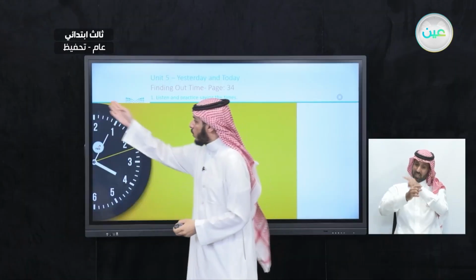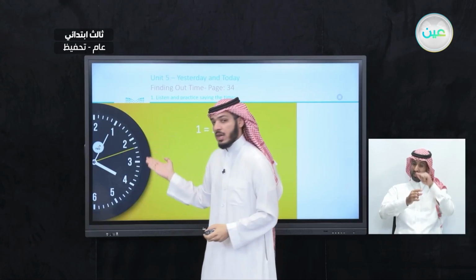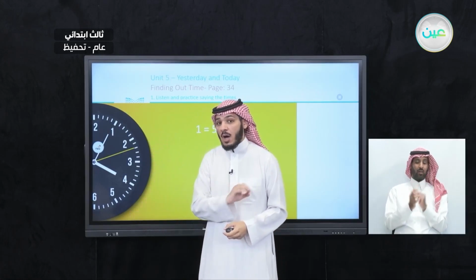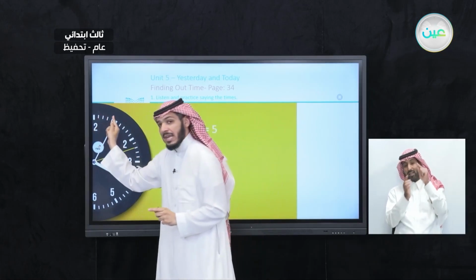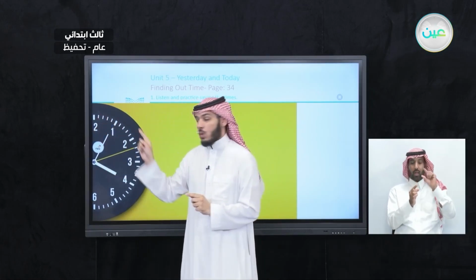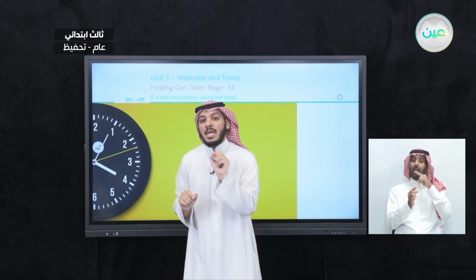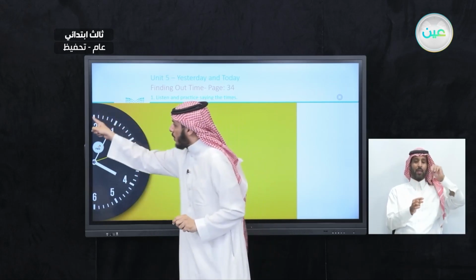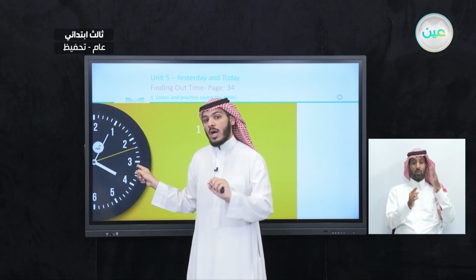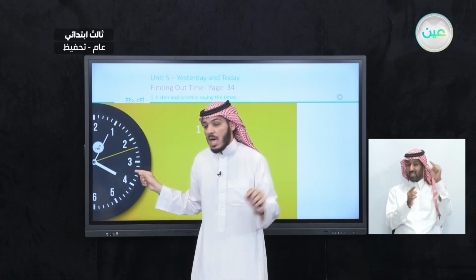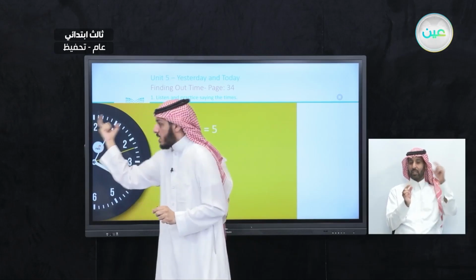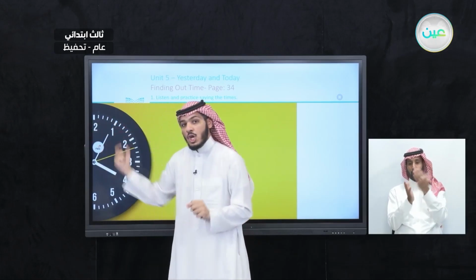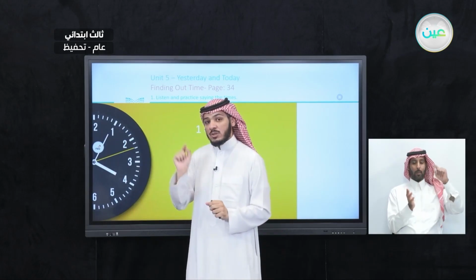So we have 12, 1, 2, 3, 4, 5, etc. Between number 12 and 1, we have small lines. Those are the minutes. Numbers 12, 1, 2, 3 are hours, but between 12 and 1 there are minutes. Between 1 and 2, minutes. So let's count the minutes here.